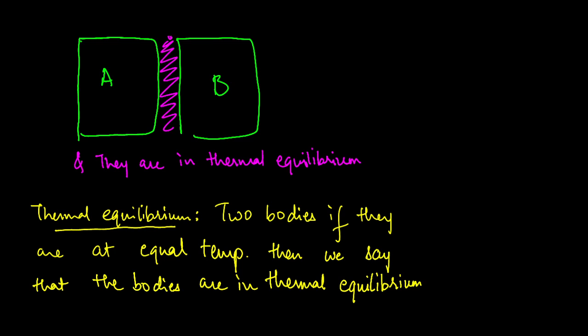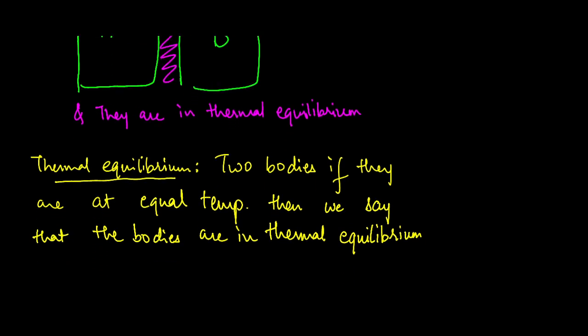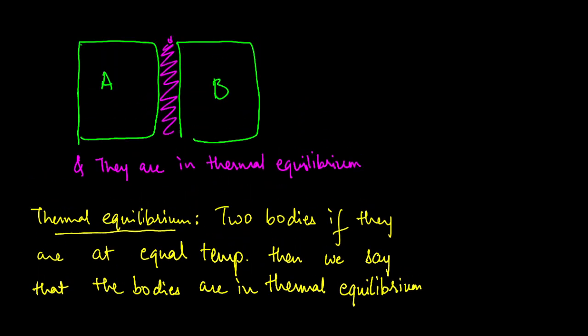I repeat, it does not mean that system and surroundings are in thermal equilibrium. Okay? So be careful. Only one thing is correct, that two bodies must have same temperature, then they are in thermal equilibrium. Whatever else happens behind it, no problem, but this is the basic criterion.